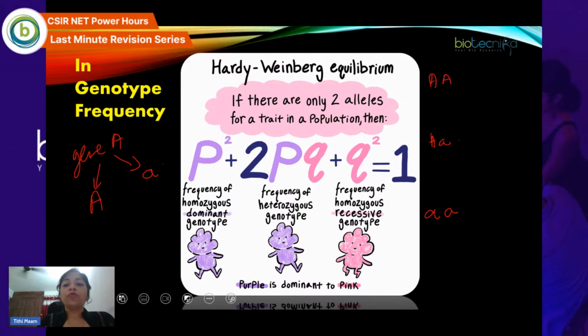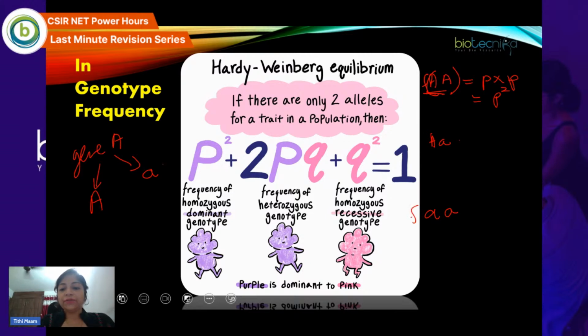So what is the frequency of homozygous dominant? It will be p, the allele frequency of capital A, multiplied with the allele frequency of capital A. So that becomes equal to p square. So the frequency of homozygous dominant is equal to p square.